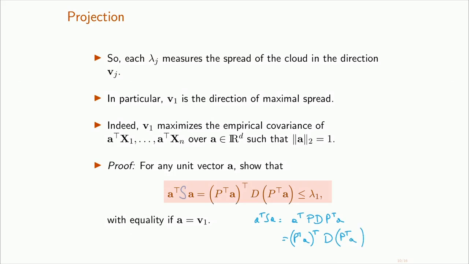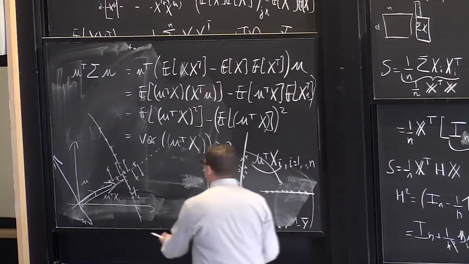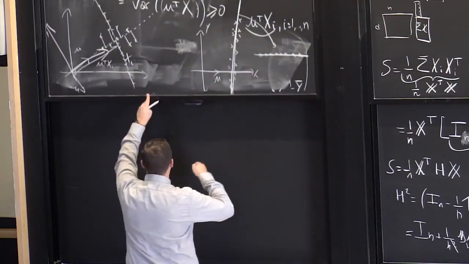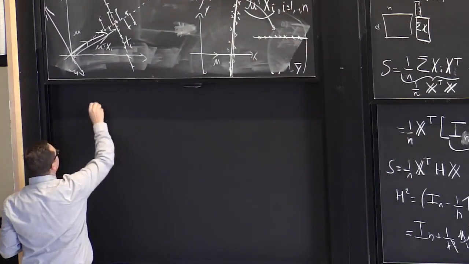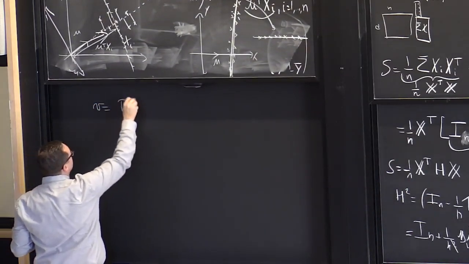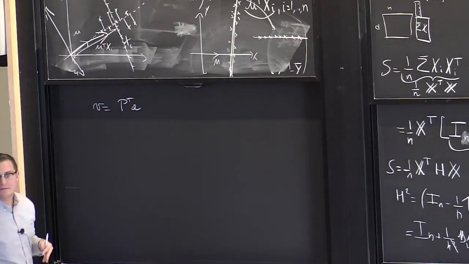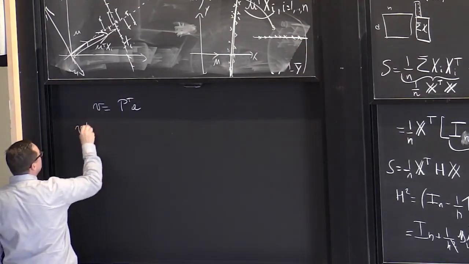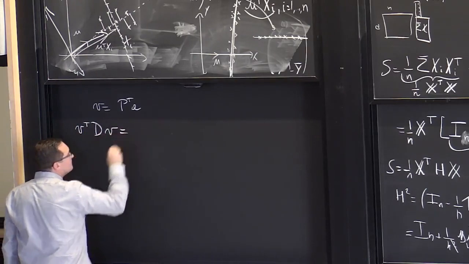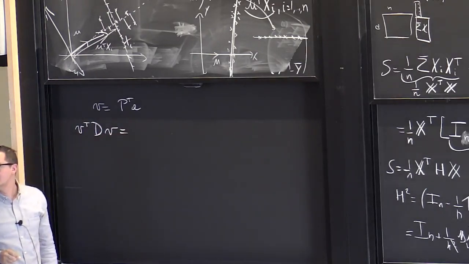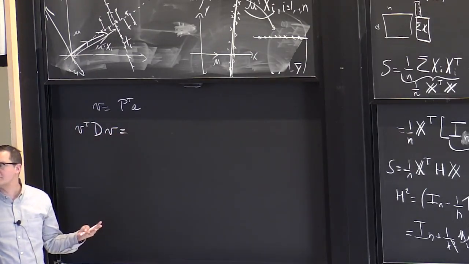Okay? So it's a vector transpose times D times a vector. And if I look at what happens when I do this, let's call this vector, say, V, which is P transpose A. When I look at V transpose DV, what is this? Think about what happens when you pre and post multiply a diagonal matrix with this vector.